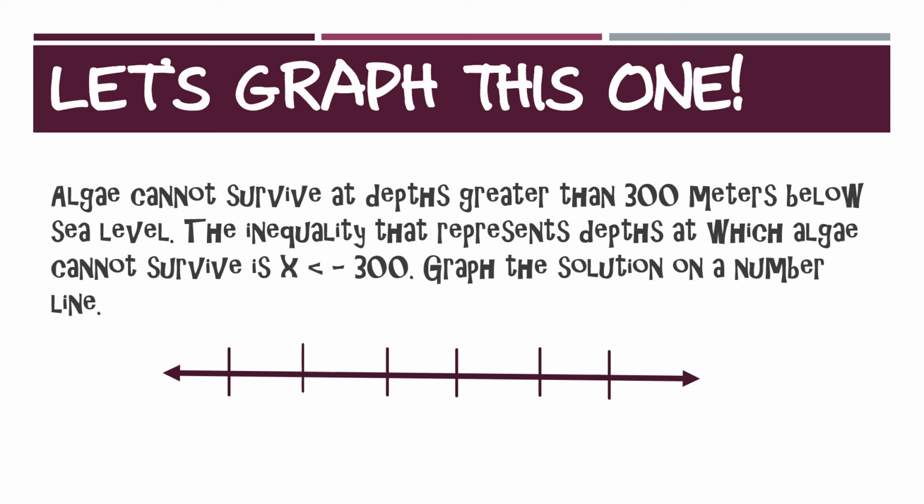And since we're dealing with 300, let's go with hundreds. 0, negative 100, 100, so on. This is less than. It's not less than or equal to. So I want to use an open circle on negative 300. I also want to shade to the left because it is less than.